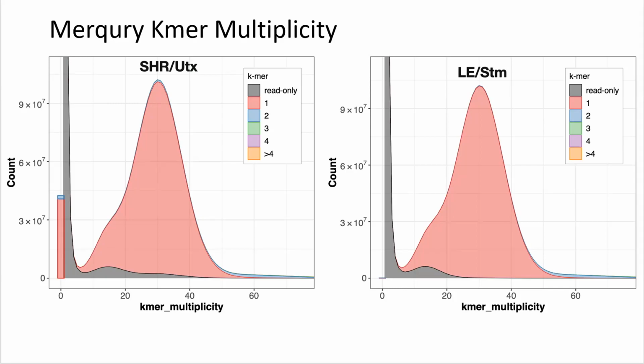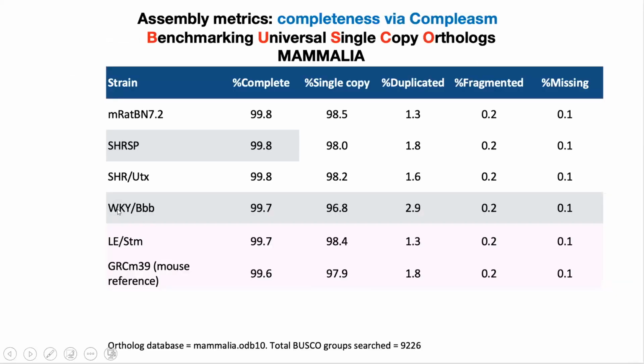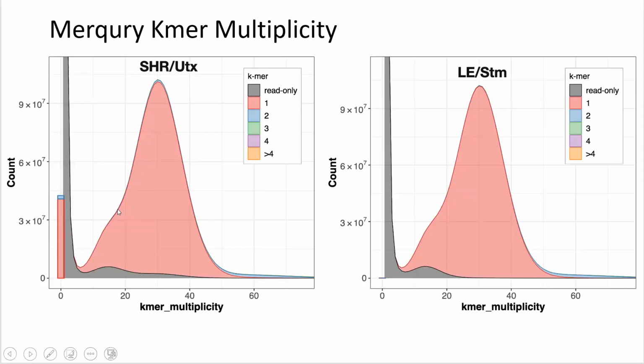This peak out here at the center is essentially where every k-mer that is present on an autosomal chromosome ought to show up, right? And it does. And this little hump over here is where heterozygotes and hemizygotes would show up. So your sex chromosomes in a male, and any legitimate heterozygosity, are going to contribute to that peak height.